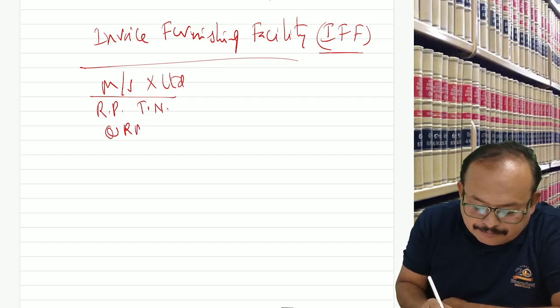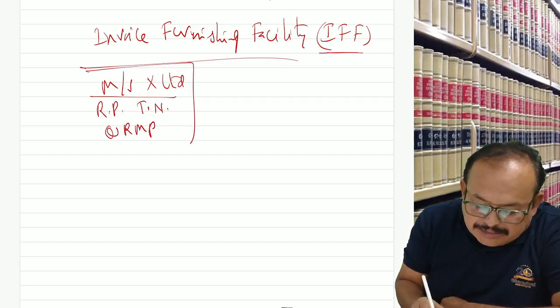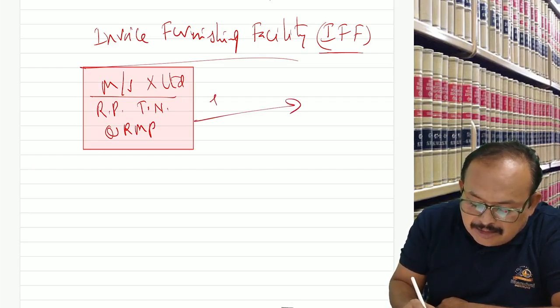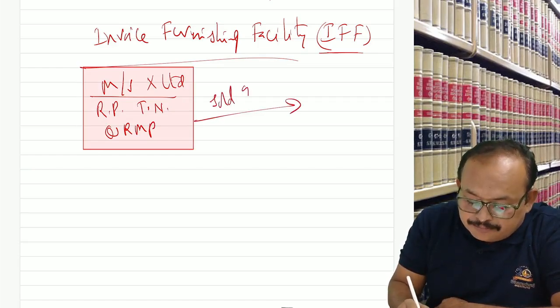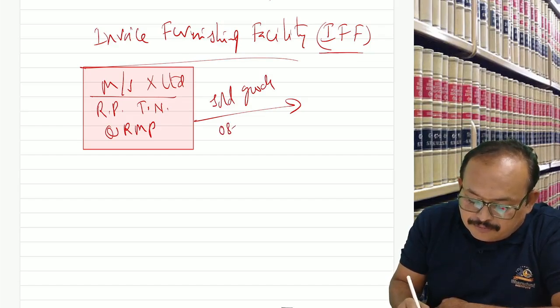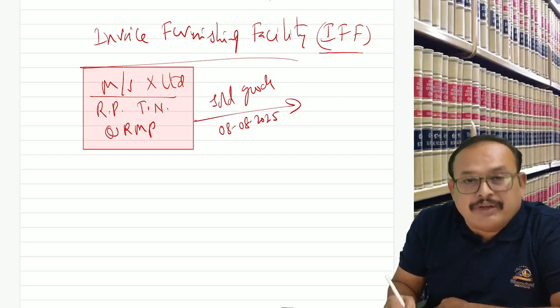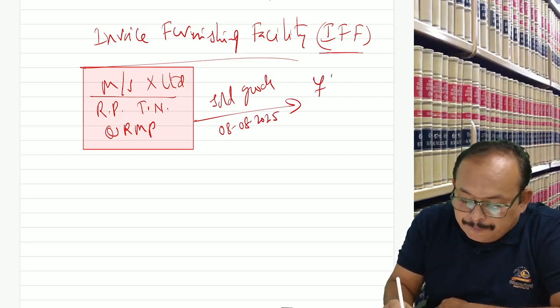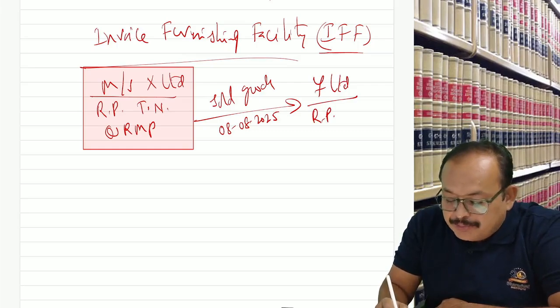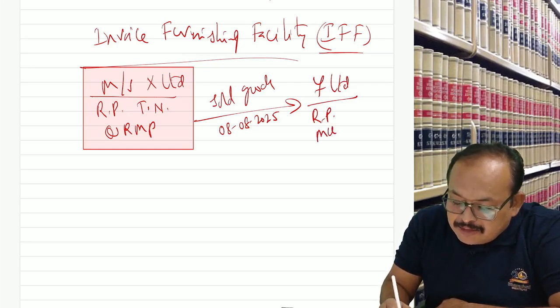Any difficulty? He sold goods on 28th August 2025 to Y Limited, a registered person, in Mumbai, Maharashtra.